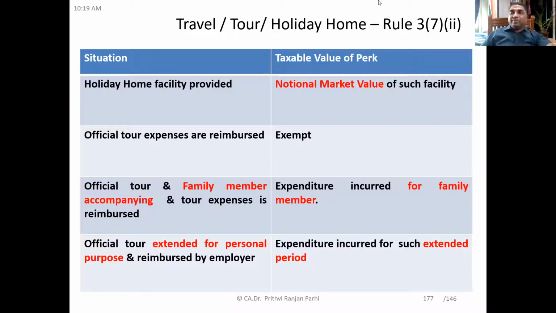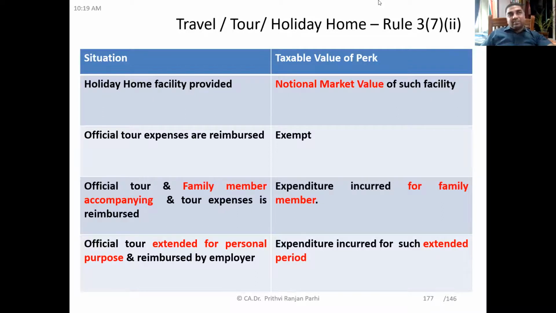Now, situation 4. Official tour extended for personal purpose. Let us say the official tour is for 5 days. The employee stayed another 3 days for personal purpose, and the entire expenditure is reimbursed by the employer. So it is a perquisite. Expenditure incurred for such extended period is the taxable value of the perquisite. For the official period, it is fine, not taxable.